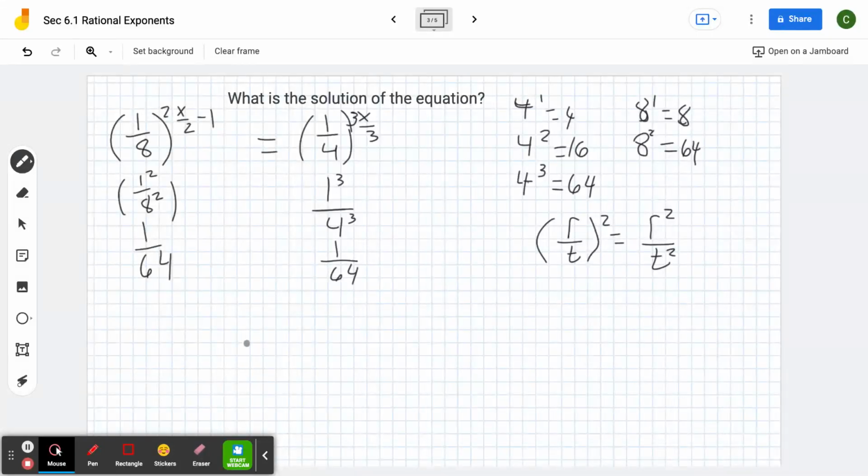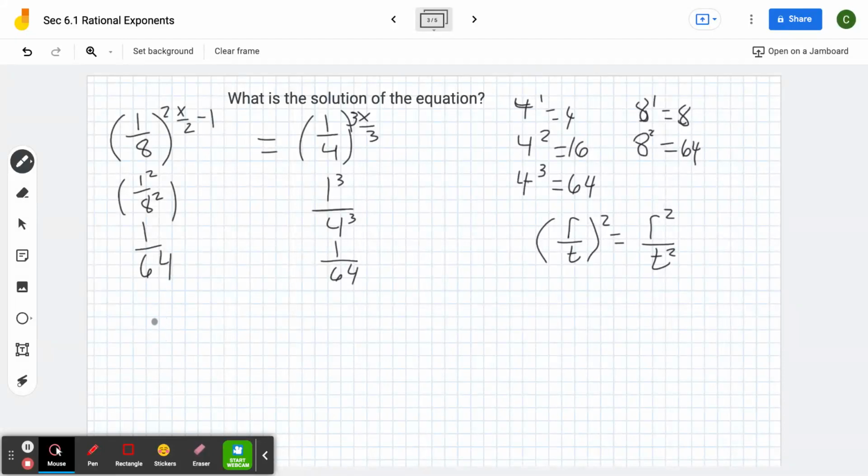So in reality, when I do that, in order to get the same base, 1 over 64, 1 over 64, I got to square our expression here, and I need to cube our expression here. And when I do that, I get 1 over 64. So really, I am multiplying this exponential expression here by 2, and then I am multiplying this exponential expression x over 3 by 3.